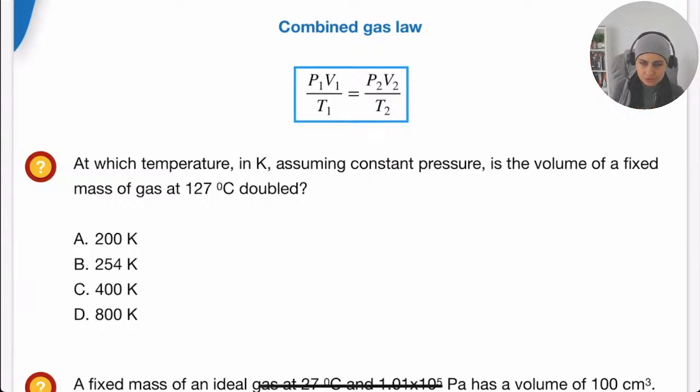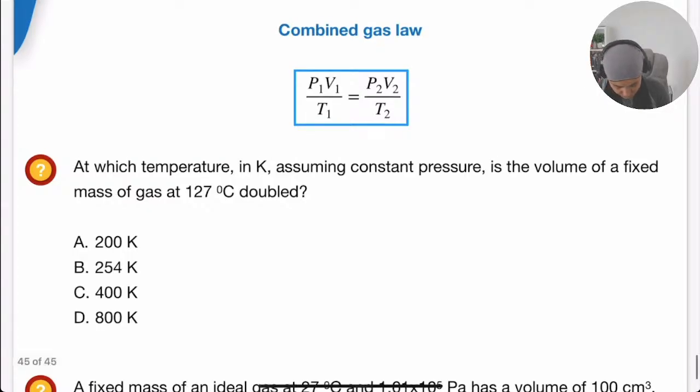Right, so you could think about this question in two different ways. You can think about it mathematically, so you can just plug everything into this expression and calculate the temperature. Or you can think logically, but to think logically, we still need to calculate this temperature in kelvins, because in Celsius the law doesn't work. So that's 400 kelvins.